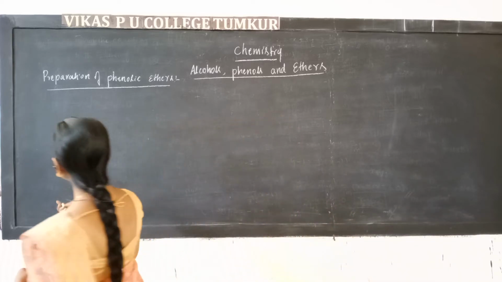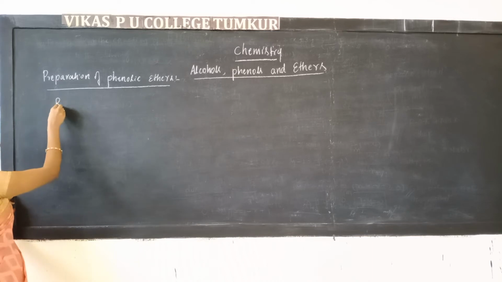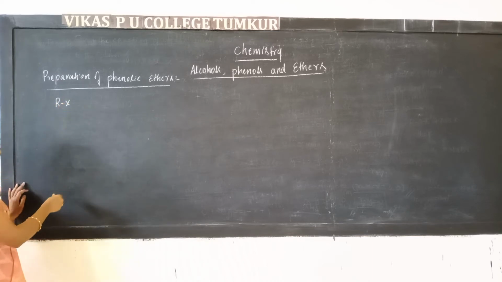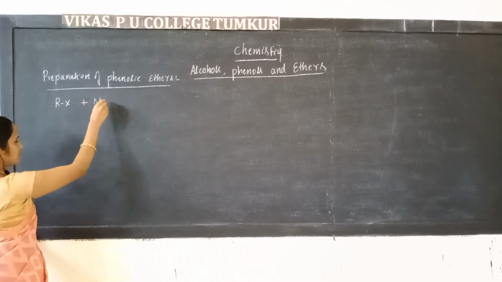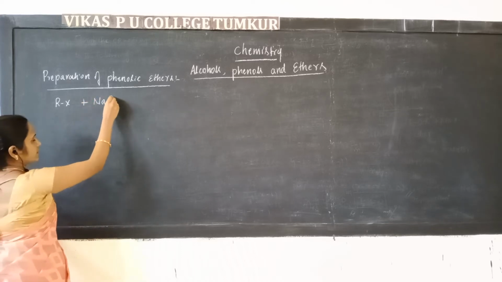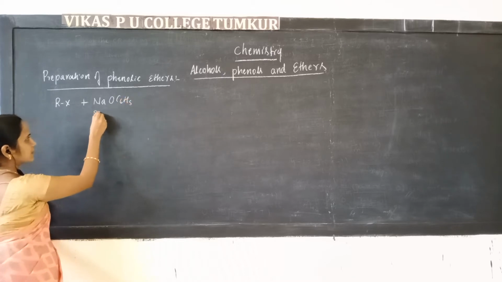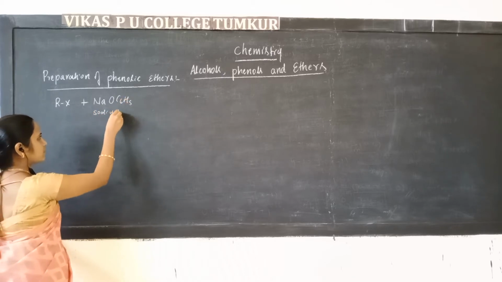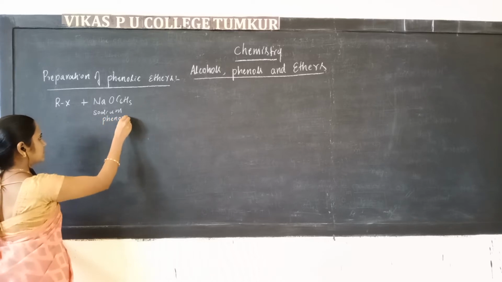Suppose we take alkyl halide, that is RX, and treat it with sodium phenoxide, C6H5ONa. The name of this compound is sodium phenoxide.